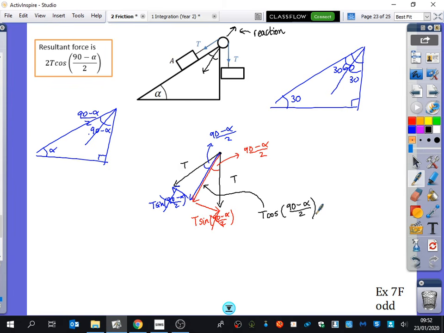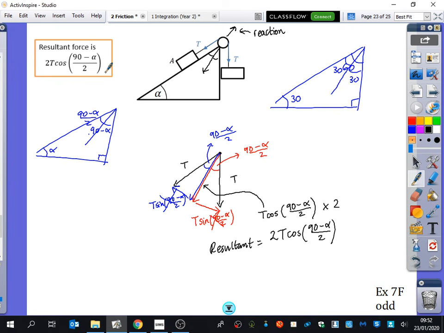But there's 2 of them. So because I have it times 2, I end up with the overall resultant being 2T cos 90 minus alpha over 2, which is why I've got this thing written at the top here.